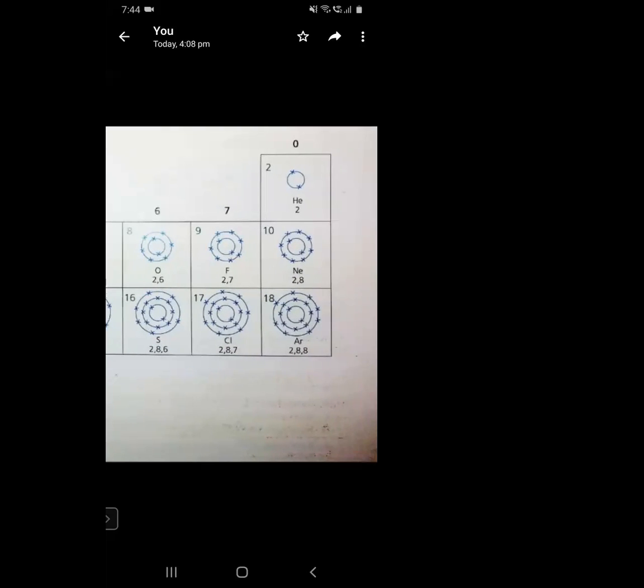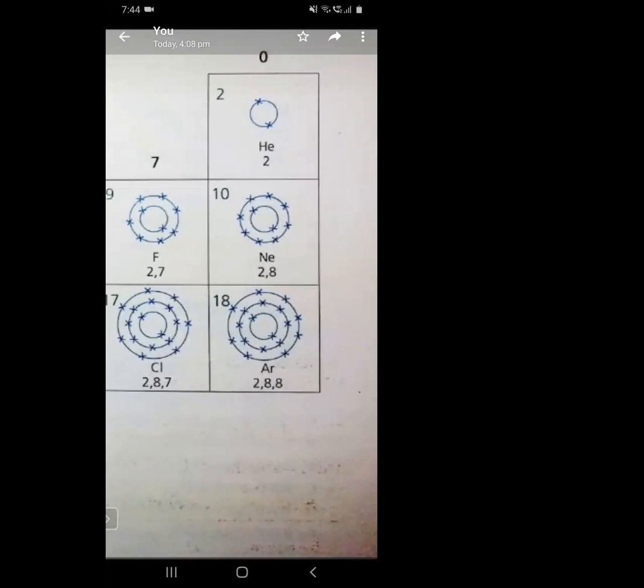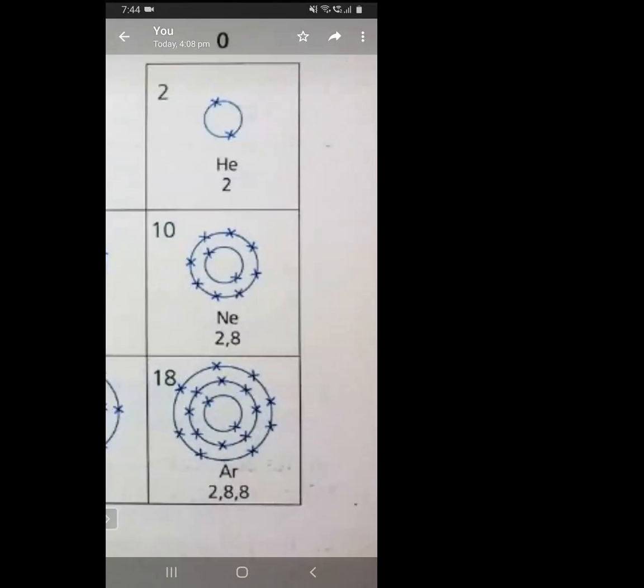Because they're trying to get that stable number of 8 electrons in their outermost shell. Noble gases is a term which is given to group 8 elements. Group 8: helium, neon, and argon. They are happy. They don't want to change anything. Unlike others. Others are trying to change because they want to get 8 electrons in their outermost shell.